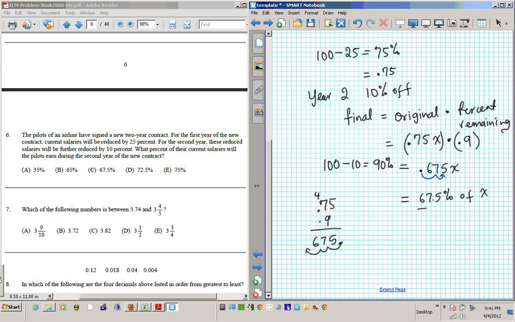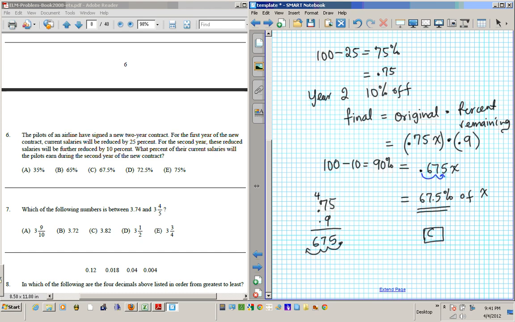So the answer is basically 67.5%. Okay, so 67.5% is what you have of the original amount after 2 years. All right, so the answer is basically C.